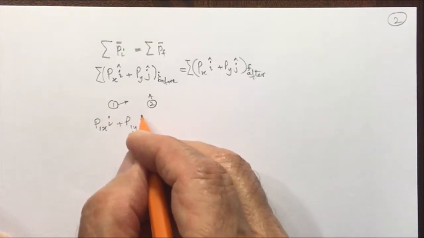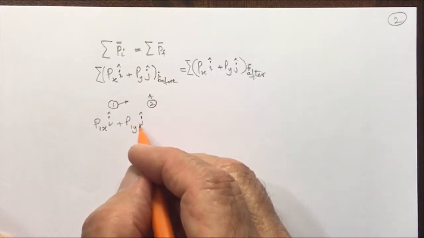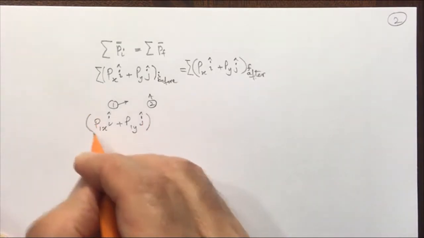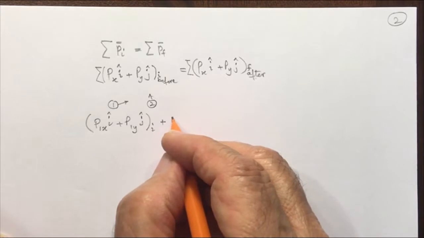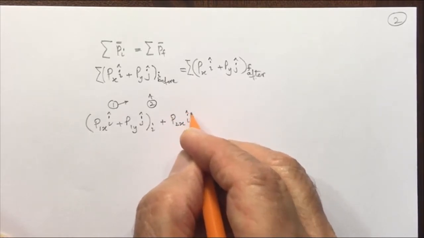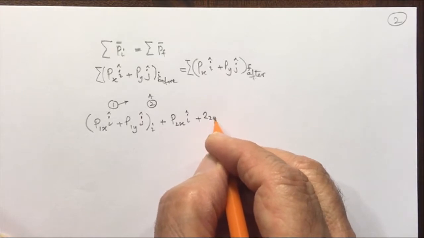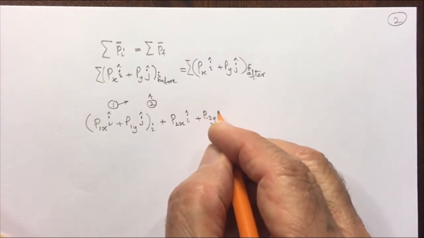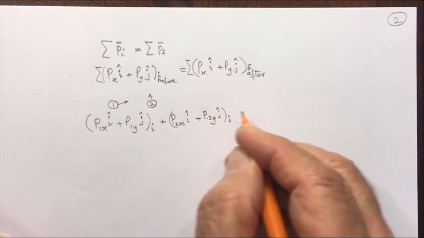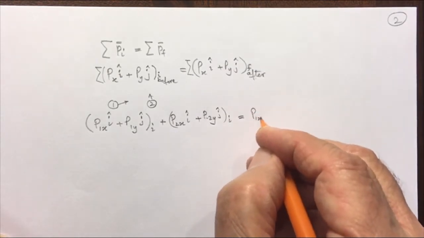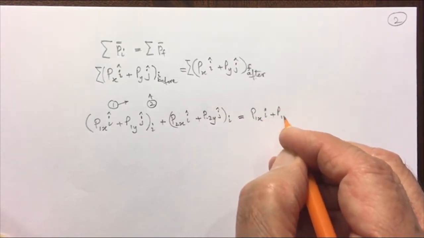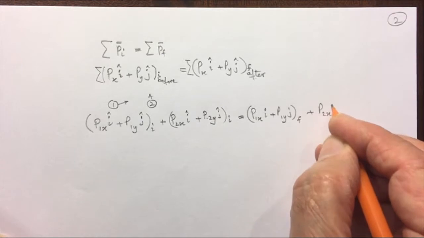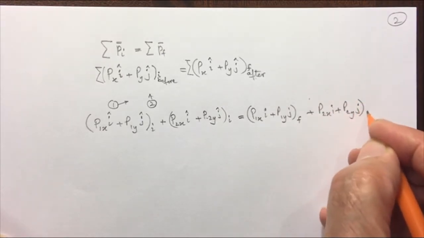So i and j, that would be their initial values for particle 1, and the second particle p2x i plus p2y j initial would be p1x i plus p1y j final, and p2x i plus p2y j final.